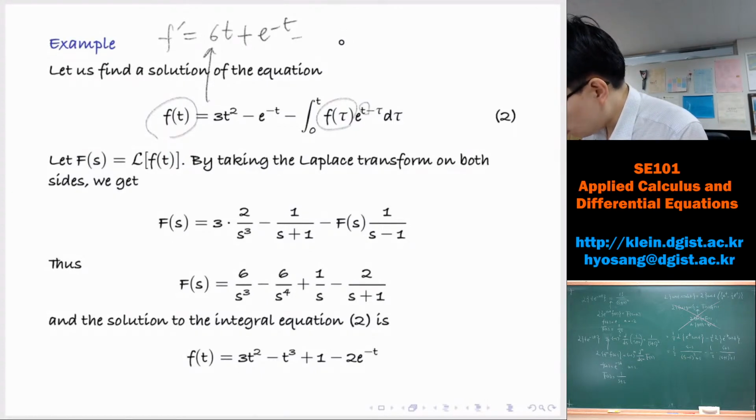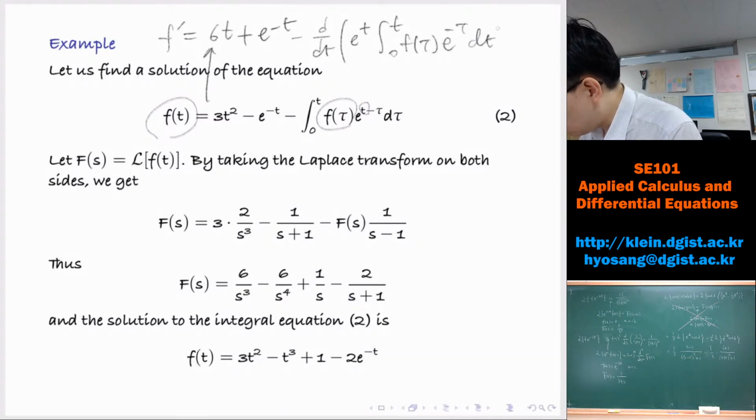So we get d/dt of e to the t times the integral from 0 to t of f of tau times e to the negative tau d tau. Either way, it's hard to take out this integral, because if you take the derivative, first you take the derivative of e to the t, so you get negative e to the t times the integration, and then minus e to the t times the derivative of the integration.